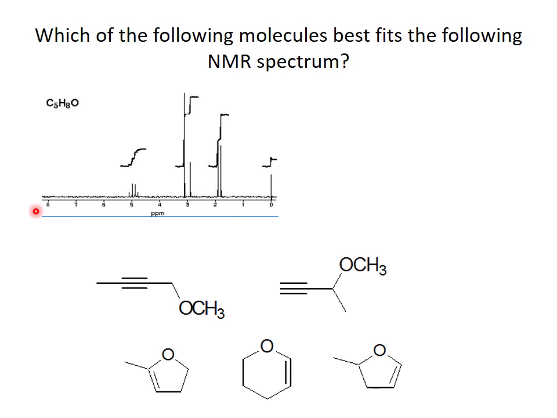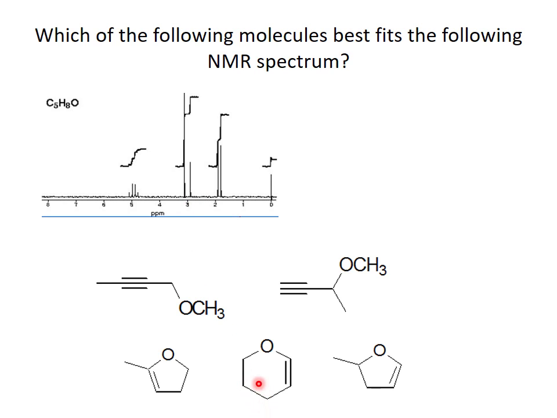That's 4 different sets of hydrogens, and we know this is hydrogen because the parts per million scale is 0 to 10. If I look down at these molecules, first thing I need to do is look and see how many different hydrogens are on these molecules. 1, 2, 3. This does not fit. There's only 3 sets of hydrogens.